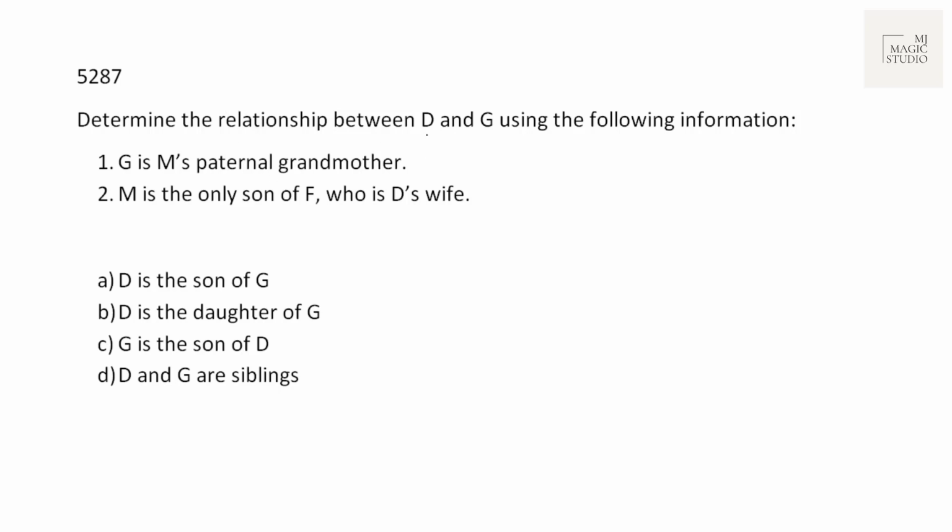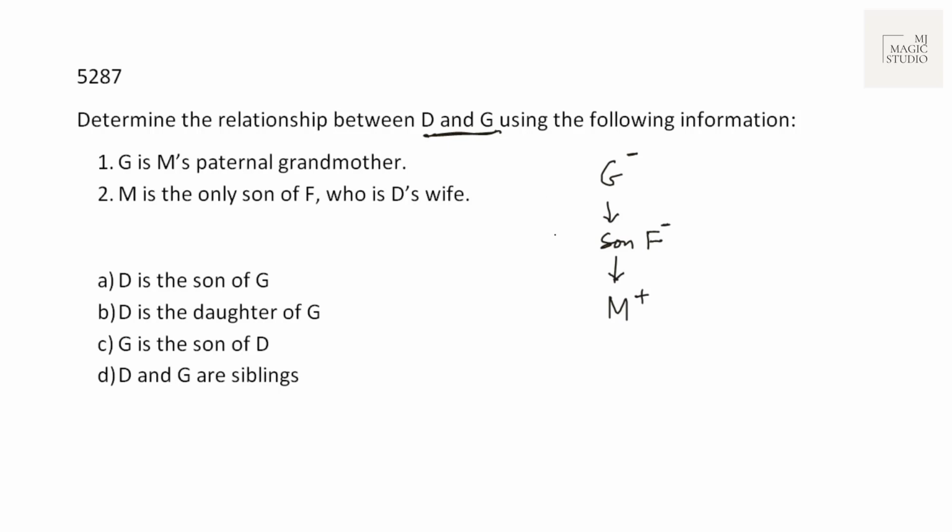Determine the relationship between D and G using the following information. You can see that the same type of question was there also in set 1. G is M's parental grandmother. G is grandmother, son obviously, and then grandmother's son's child is M. M is the only son of F, who is D's wife.